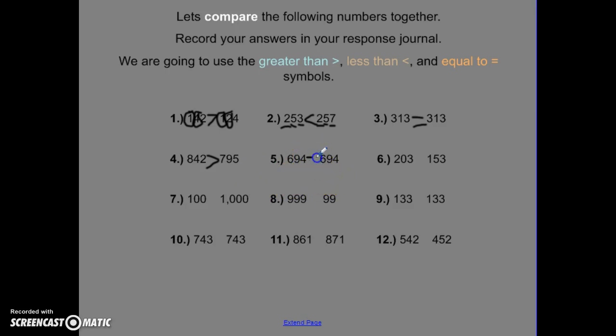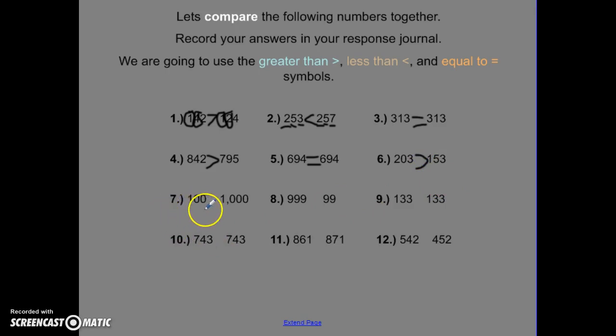Again, I notice all 3 digits are the same, which is going to tell me that my numbers are equal to each other. Number 6, 203 and 153. In my hundred spot I see a 2, and in the hundred spot I see a 1. I know that 2 is greater than 1, so that tells me that 203 is greater than 153.